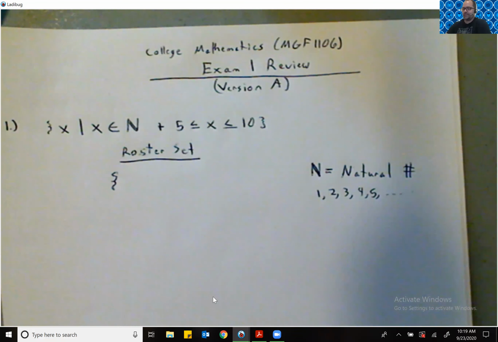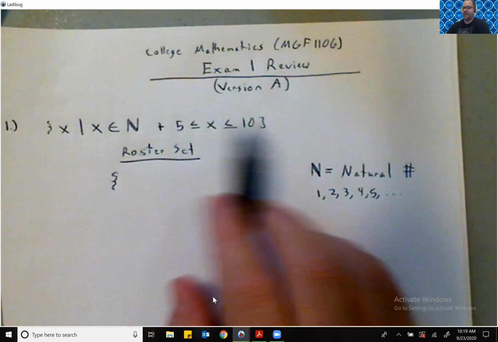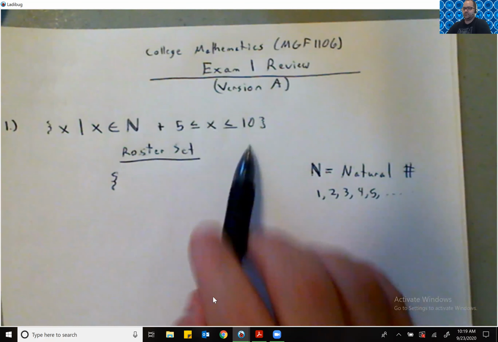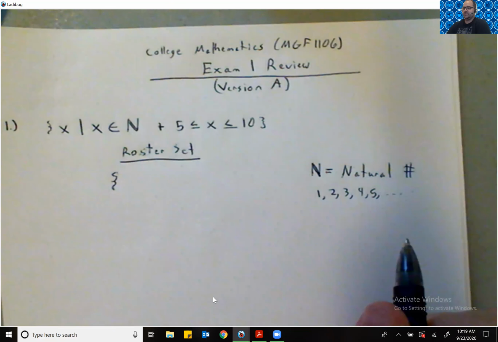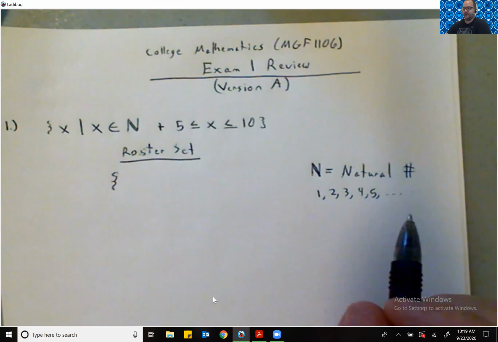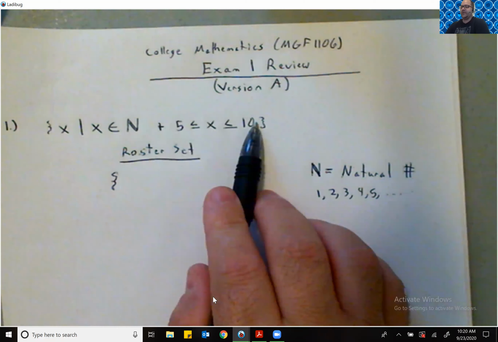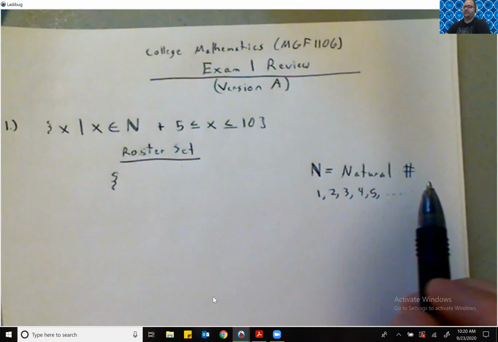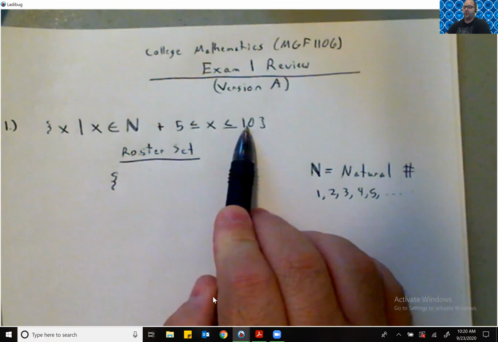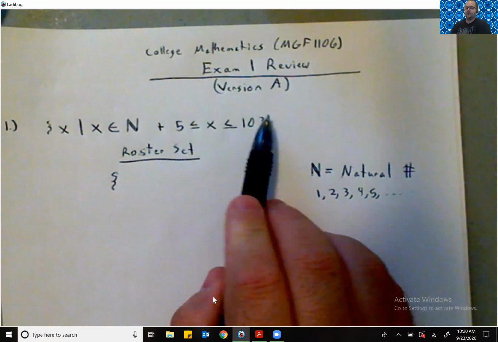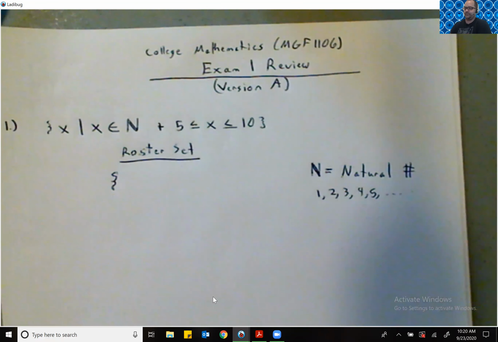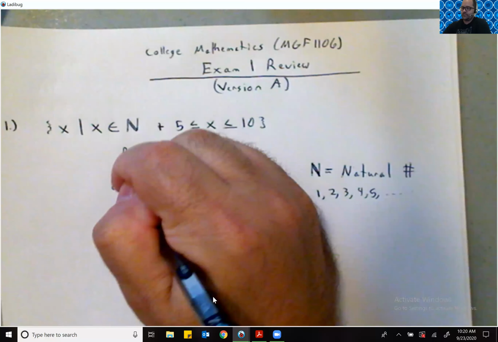Will we include 10 in the list? Yes, also because it's greater than or equal to. Anytime you're equal to, you're going to include those numbers. So give me the natural numbers between 5 and 10, and we will include the 5 and the 10. What are they? 5, 6, 7, 8, 9, 10. You got it.